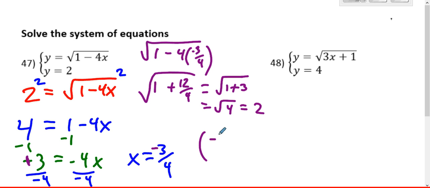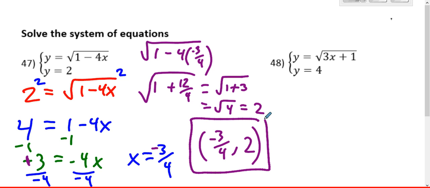So our answer, you have to write as an ordered pair. Now, the other way that you can do this question without having to do it by hand, you can graph both of them. You can graph this as y1 and y2 on a graphing calculator. And then depending on what type of calculator you have, this depends on the buttons you have to push, but you're calculating the intersection.